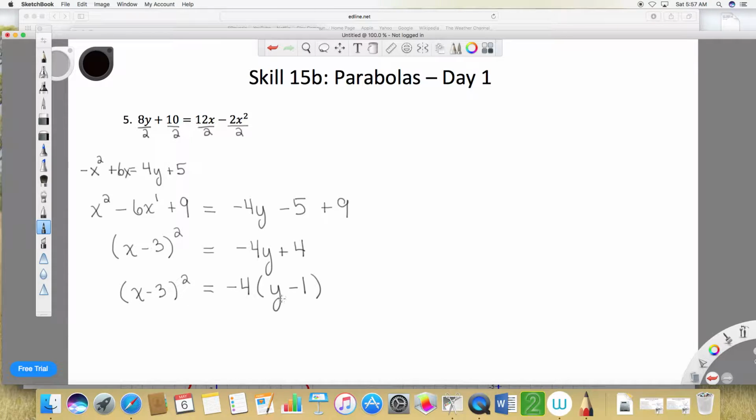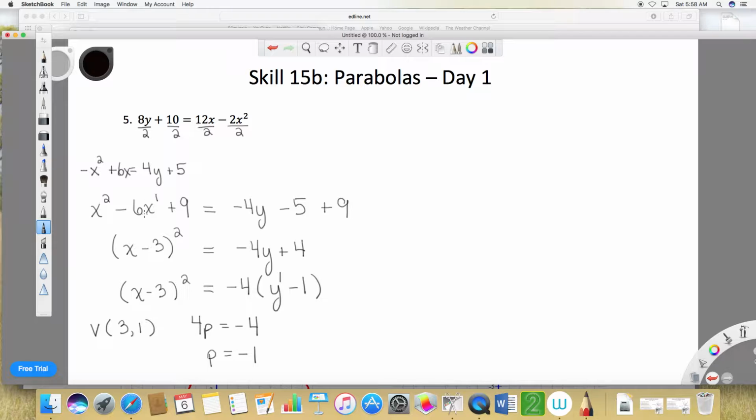So now that this is in standard form, we can identify the vertex. It's 3, 1. We can take 4p, set it equal to the coefficient in front of the linear term, and solve for p. Positive 4 times a negative 1 is negative 4.